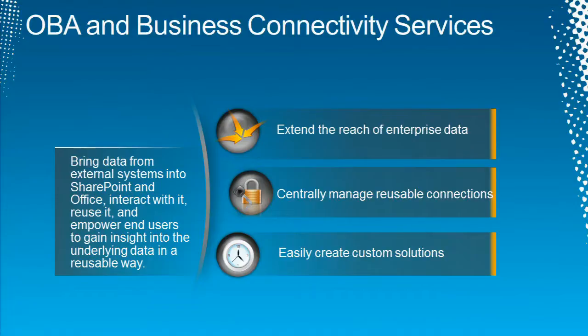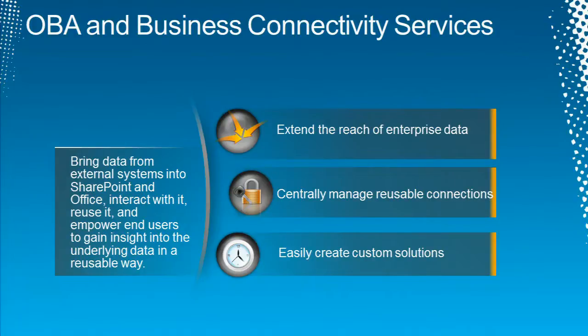Once you have an external content type created under Business Connectivity Services in SharePoint 2010, that is the single location where IT can control the knobs and the filters and the access to that line of business data, so that IT still maintains control of that reusable connection.